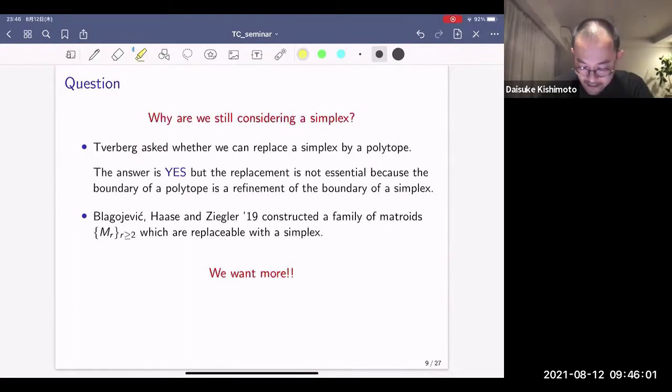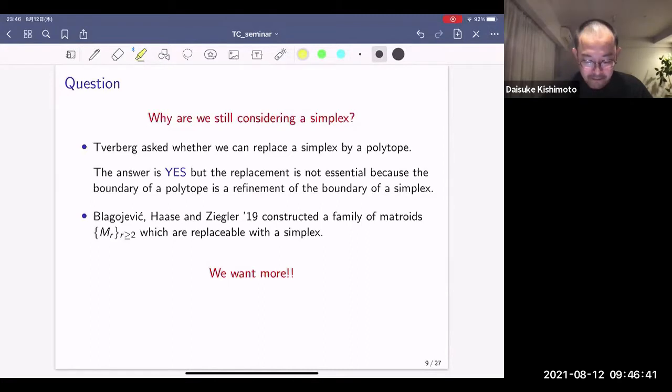And in 2019, Ziegler and his collaborators constructed an infinite family of matroids, a kind of simplicial complexes, which are replaceable with a simplex in the topological Tverberg's theorem. But this is constructed in a very direct combinatorial way, and we don't have any other simplicial complexes which are replaceable with a simplex.